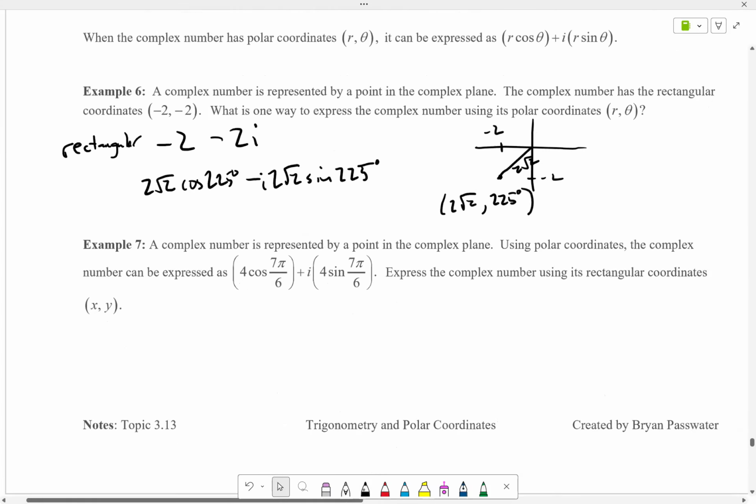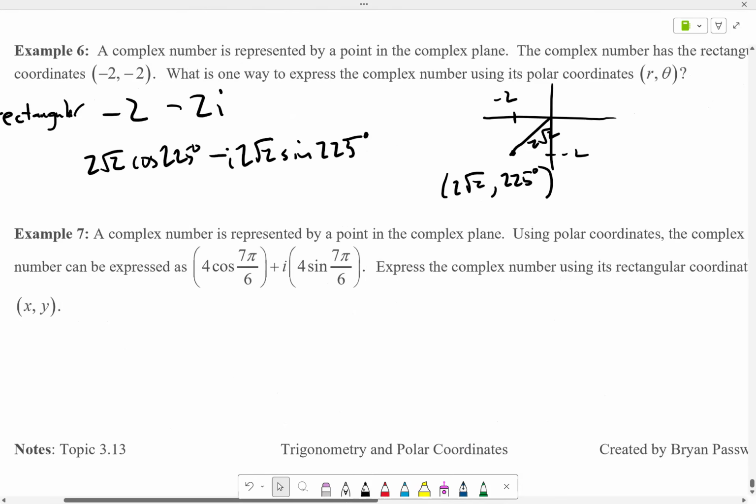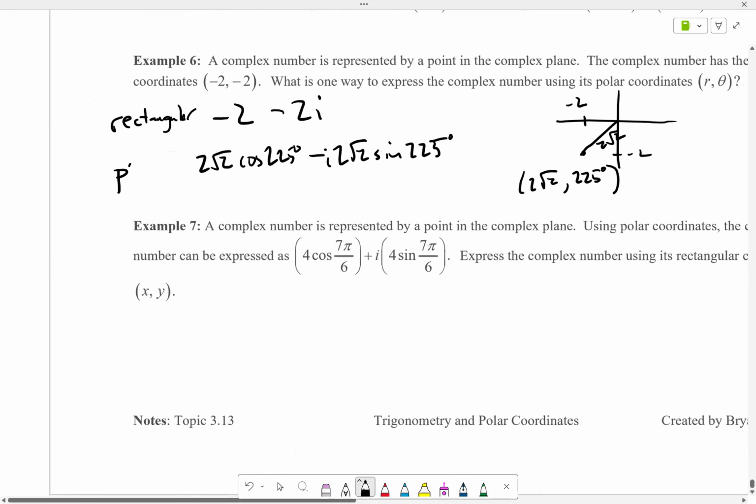In this case, it's represented in polar, and I should write here polar form. This is polar right here. Okay, so if this is polar, then I know that r is 4 and theta is 7/6. Can we change to x and y with that?